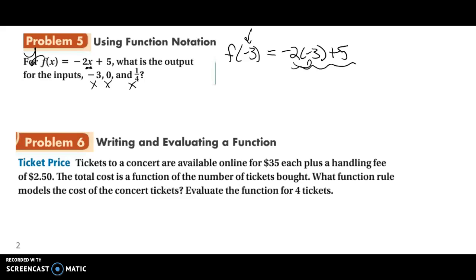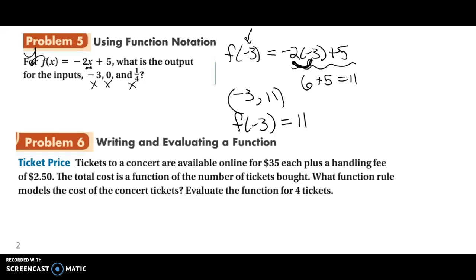I can do negative 2 times negative 3 and get a positive 6. And then 6 plus 5 is 11. So my answer is 11. Negative 3 is the input and 11 is the output. So there I can write it as a point, or you can write it in function notation like this: f of negative 3. So when I plug negative 3 into the function, my output is 11.